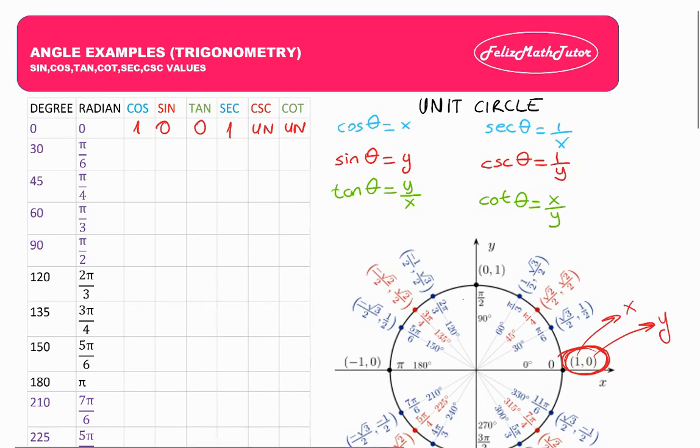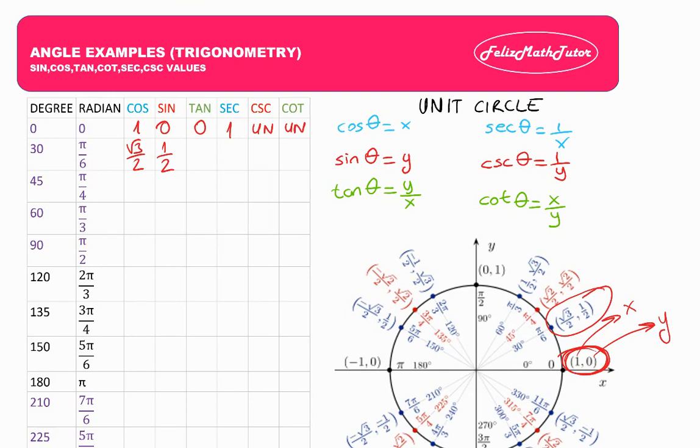For 30 degree, now we are here. So x value is square root of 3 over 2. And y value is 1 over 2.